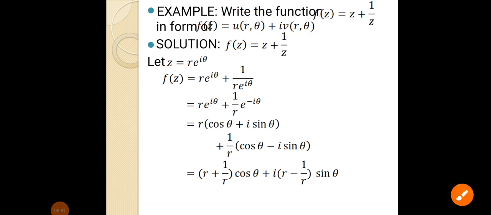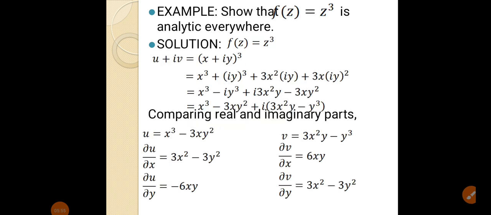The next example is: show that f of z is equal to z cube is analytic everywhere. We are given f of z is equal to z cube.